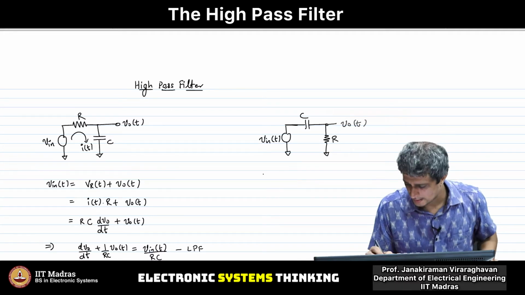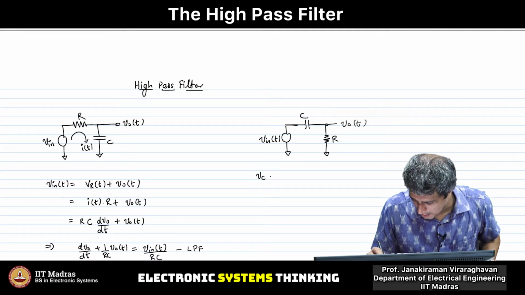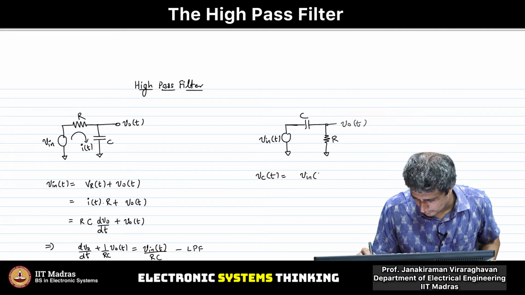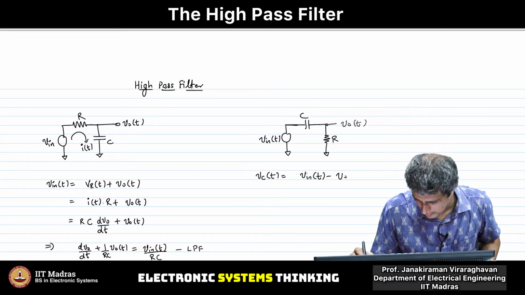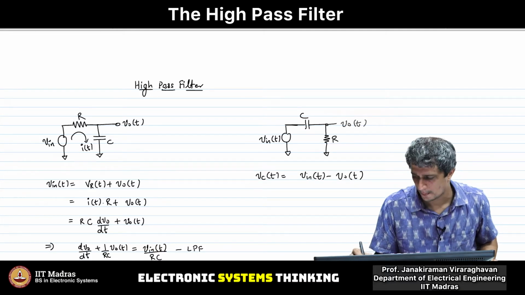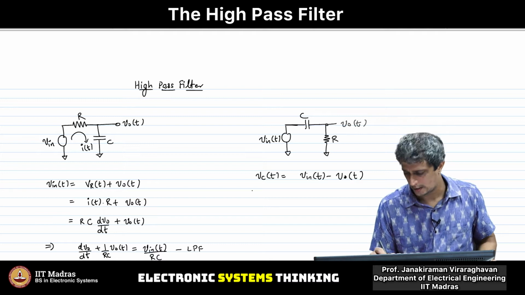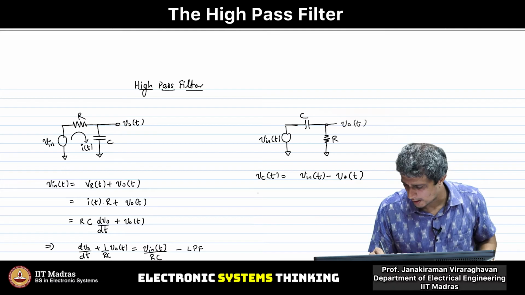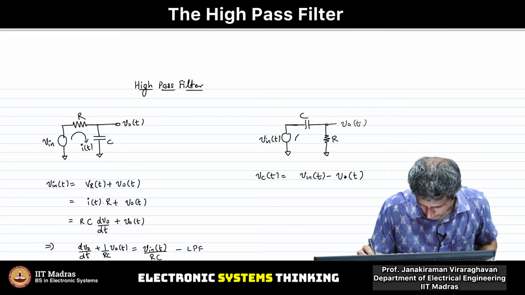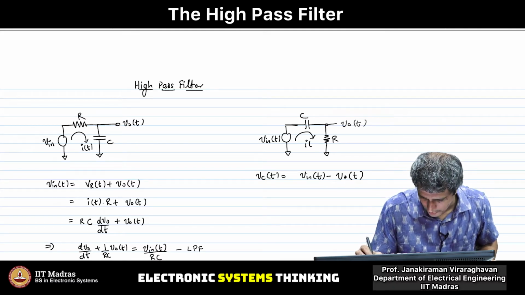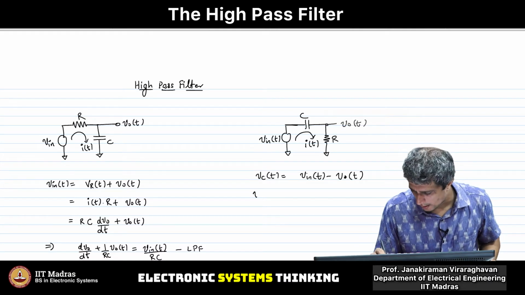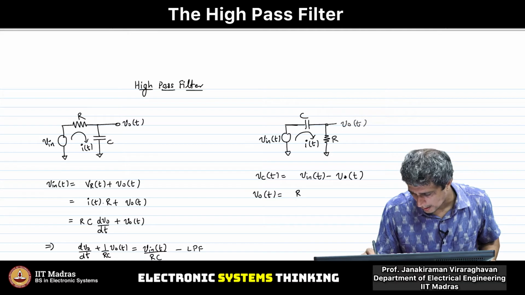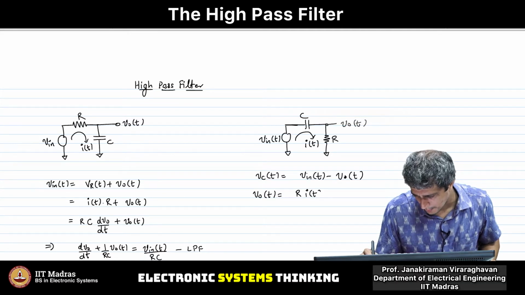Therefore my V c of t across the capacitor is V in of t minus V out of t. Now if I want to relate this V out of t, again you have a current through here which is I of t, and V out of t is simply going to be R times I of t.